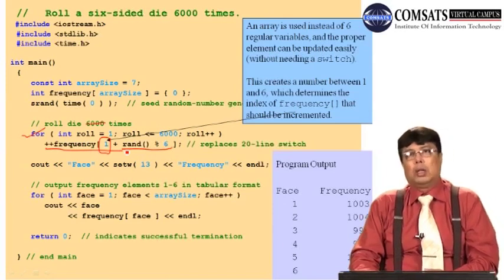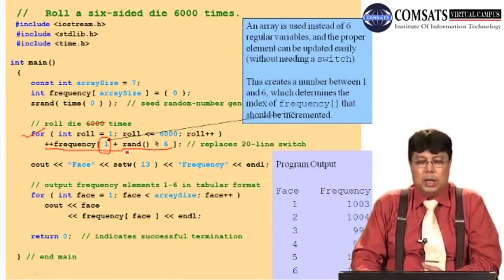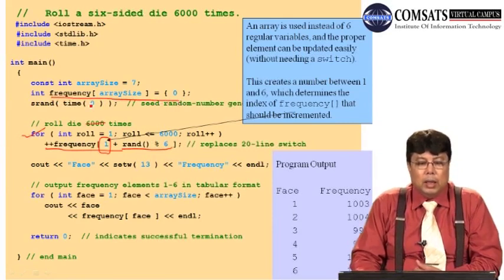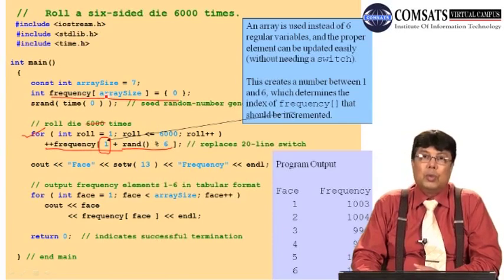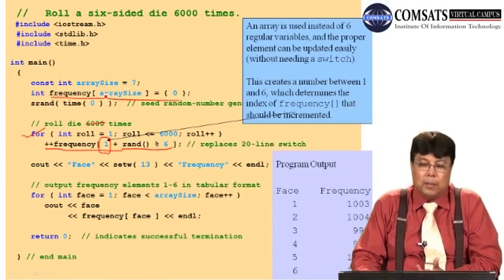When we roll the die and suppose a number is generated, suppose the number is 3, so what we want to do is, we have declared another array, its name is frequency, of the array size. Okay, so basically it contains frequency of 0, frequency of 1, frequency of 2, 3, 4, 5 and 6.